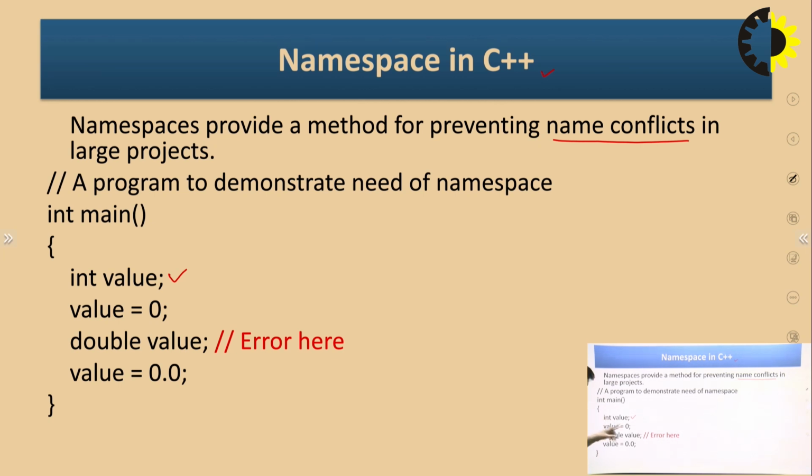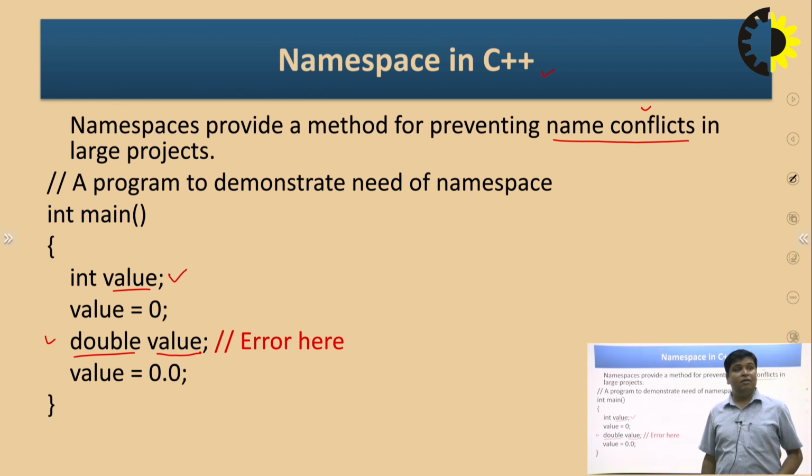I have assigned the value to the variable, and again I am using the same variable name value of double type. This is the error, because both variable names are the same and these variables are created in the same environment. That is why a conflict will occur. So, this is the error.